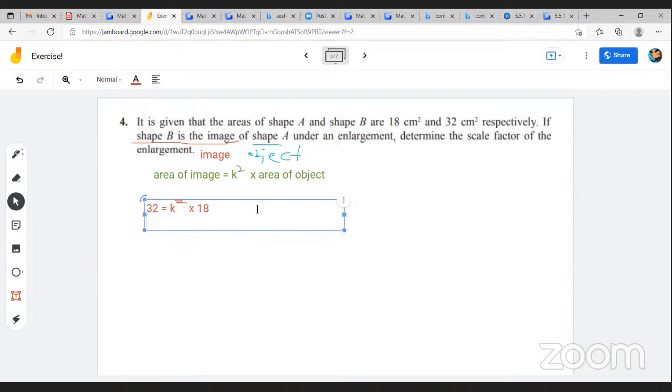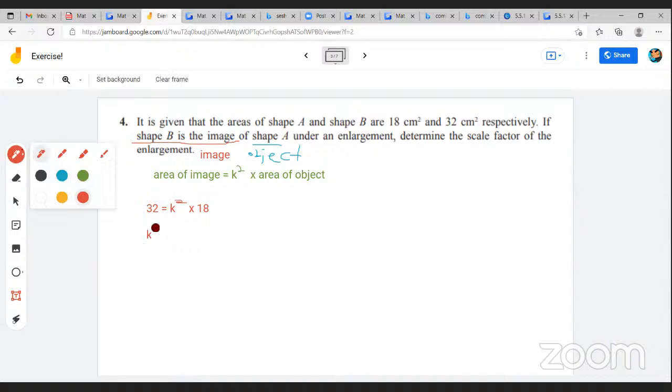So now we know that 32 equals K squared times 18. So how do we find K squared, Harin? I move the K squared in front. Then you have to take 32 and 18, and then you have square root. Yeah, that's correct. Good. It's good to know that you know the syllabus quite well.